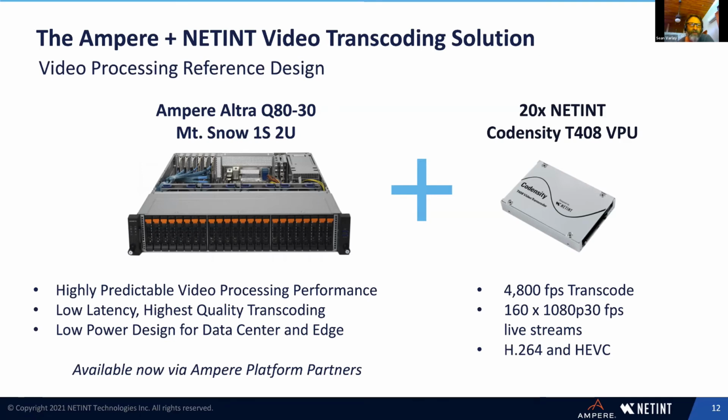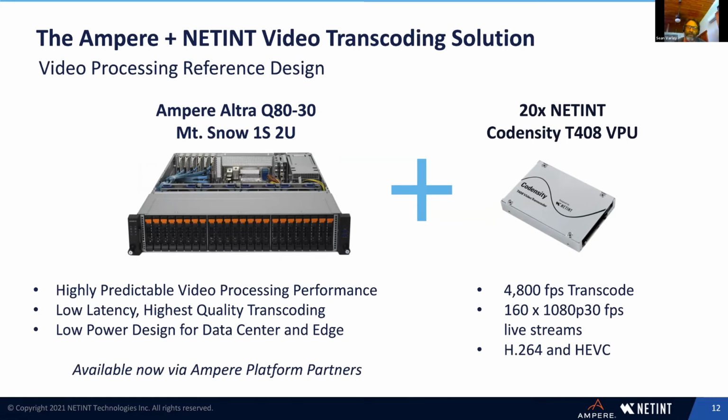So Ampere and NETINT have been working together for quite some time, doing a lot of these benchmark exercises that Mark walked through. And as we did a lot of this, we scratched our head and said, hey, this is a pretty compelling reference design for both data center and edge applications, to really do very dense video transcode, especially with complex operations like the transcode operations that Mark was showing earlier.